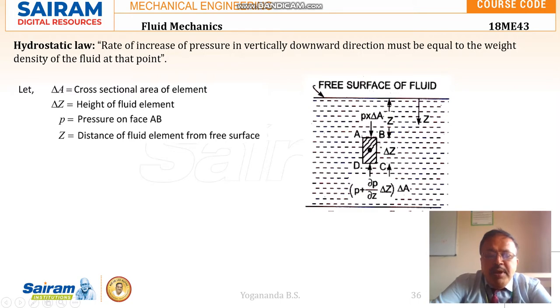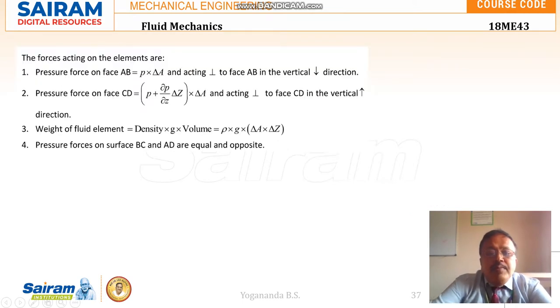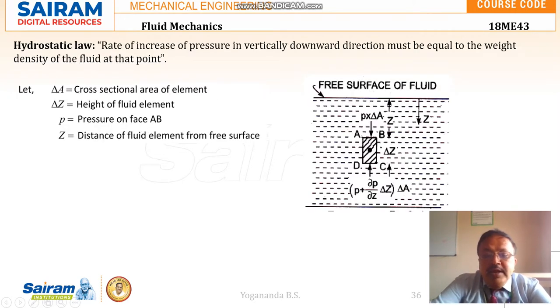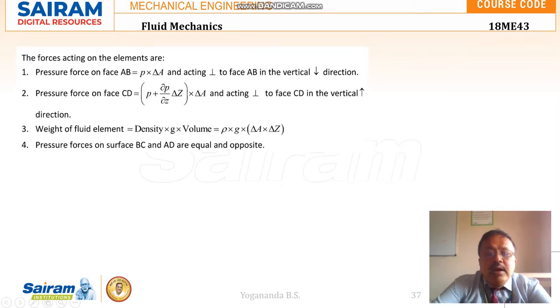Pressure force is pressure into area, acting perpendicular to the face CD in the vertically upward direction.